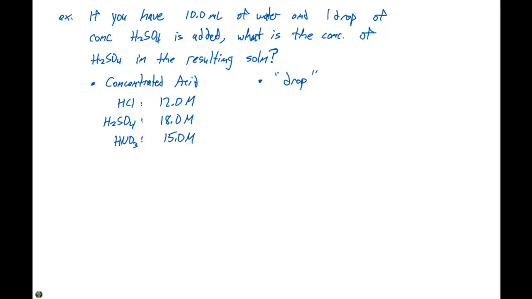When we use the instruments in the lab, if you use a medicine dropper, roughly 1 milliliter is going to be equivalent to about 20 drops. So 1 drop is roughly 0.05 milliliters.